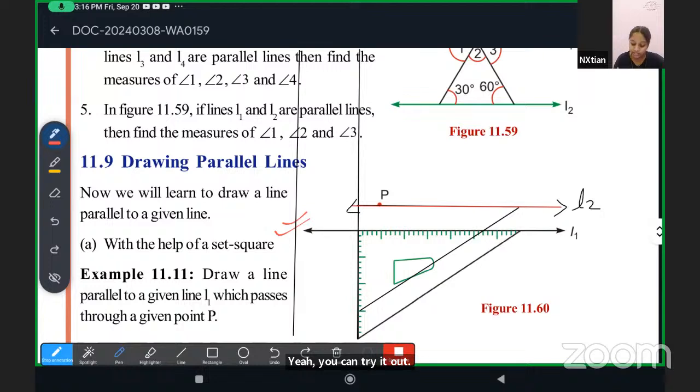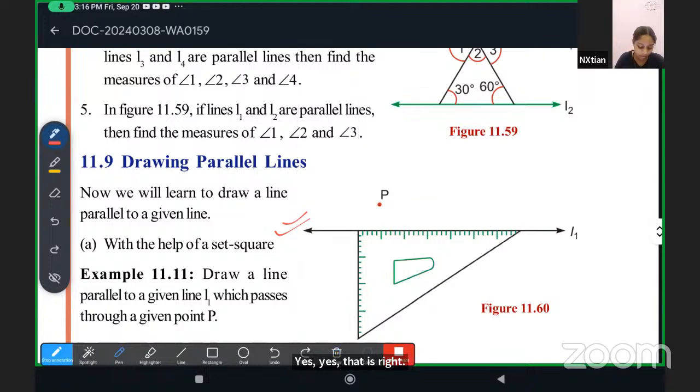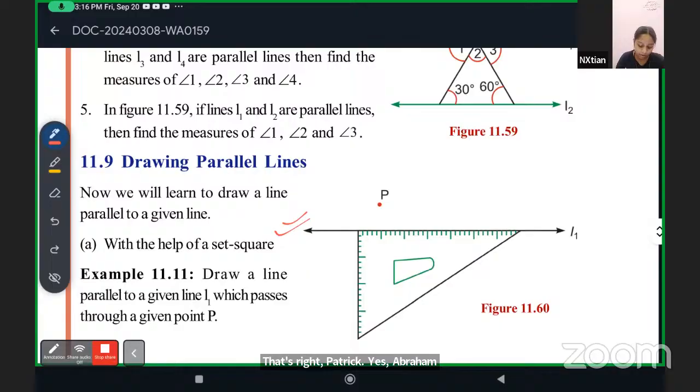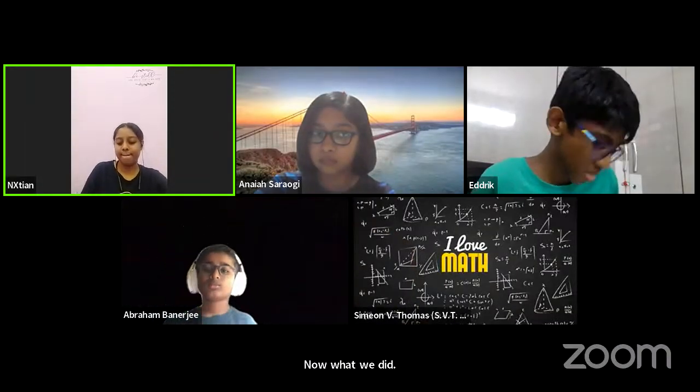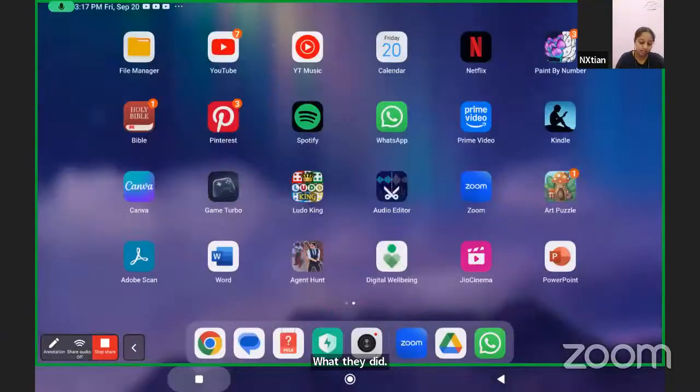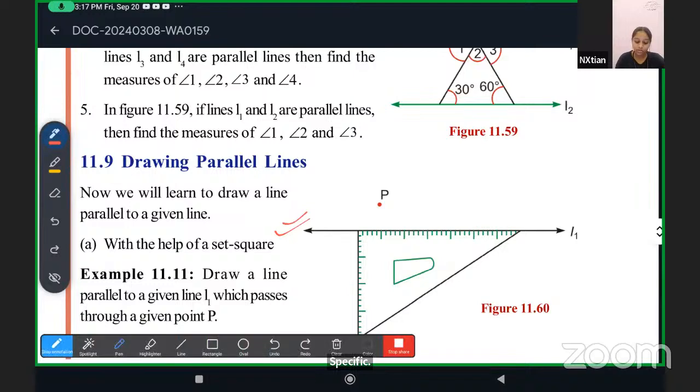That's right, Edric. So see, Abraham, what we did. The question is saying that a line is given to us and we have to make another line that is parallel to it.